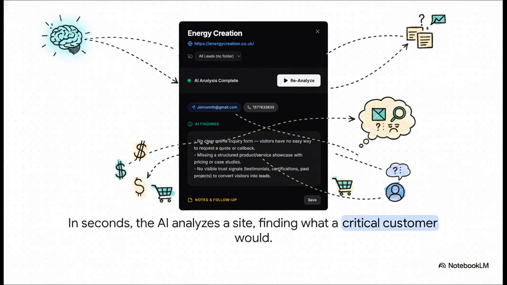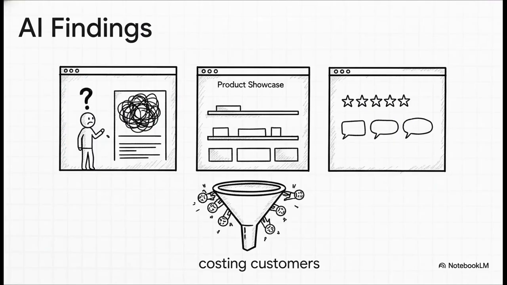And boom, here's the result of that analysis. In just a few moments, the AI has scanned this company's website, Energy Creation, and it's come back with a diagnosis. It's not just looking for keywords, it's actually behaving like a potential customer, a really critical one, and it's identifying what's missing, what would stop someone from actually buying. So let's break down what it found. Okay, first, there's no clear online inquiry form.